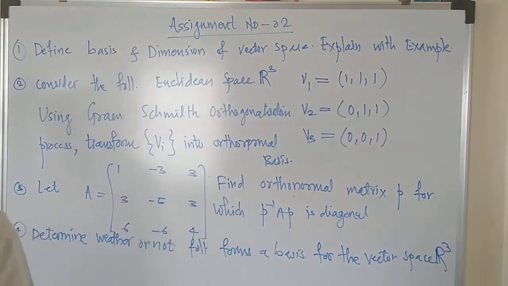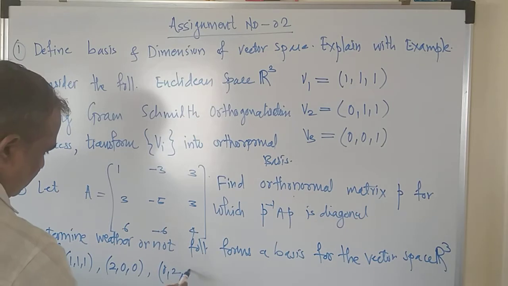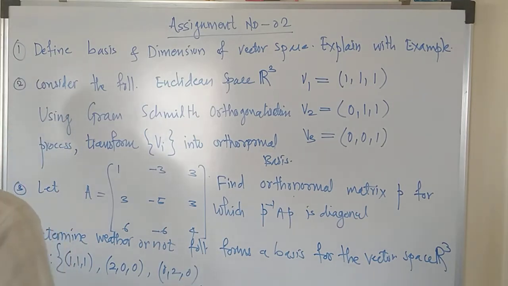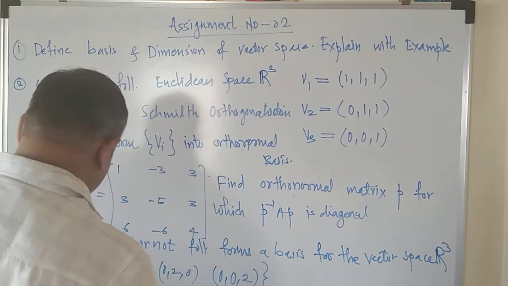The set of vectors are 1 1 1, 2 0 0, 0 2 0 and 0 0 2.